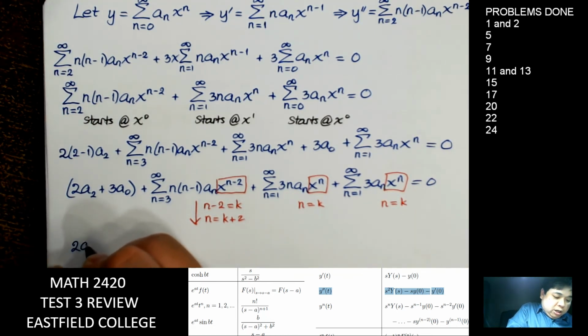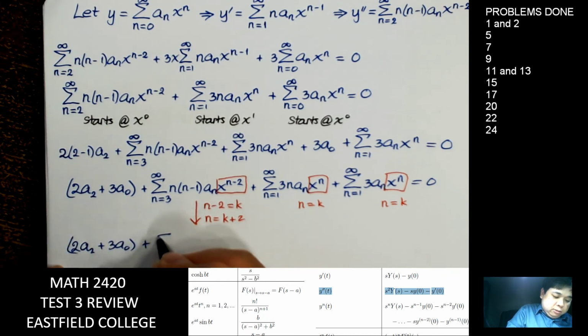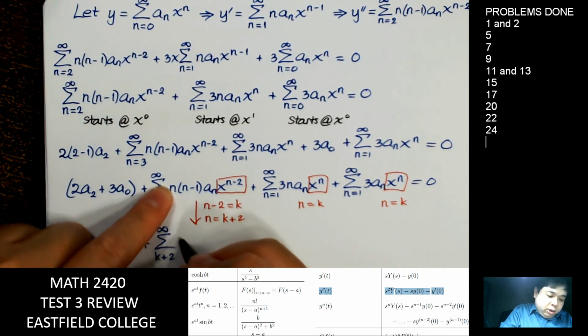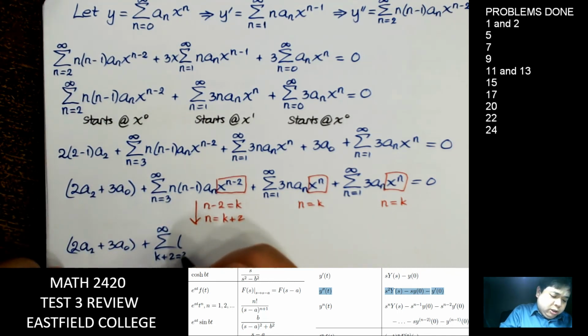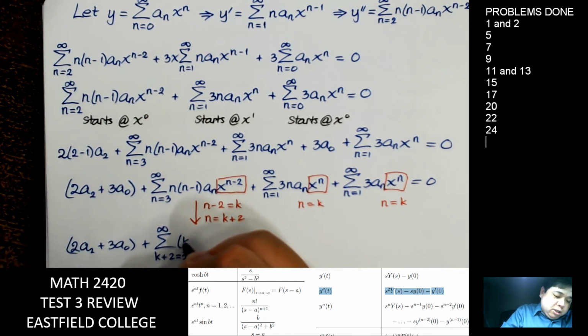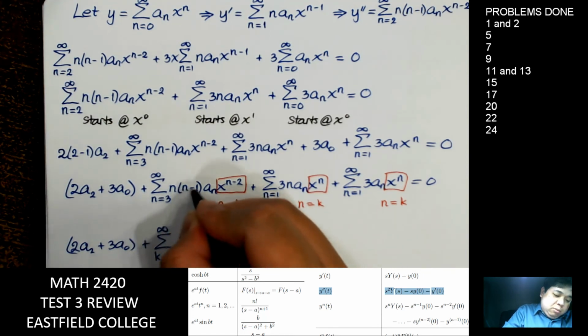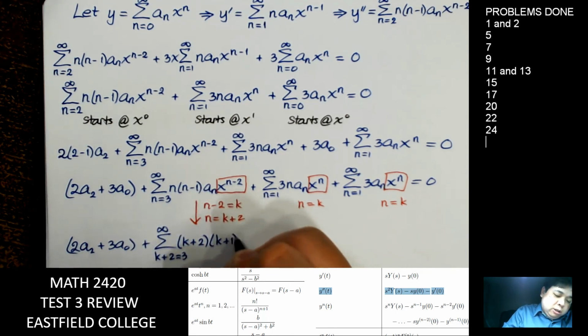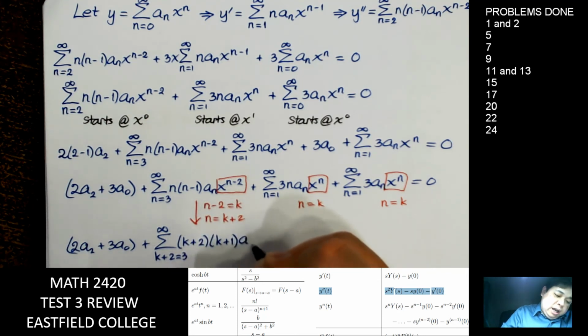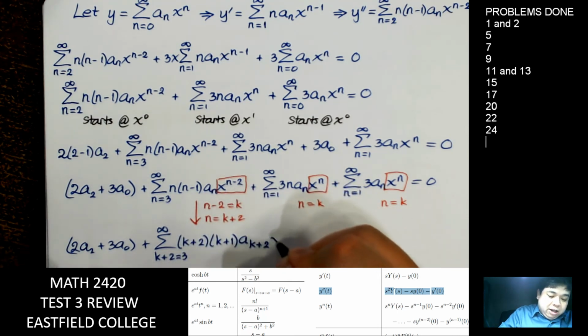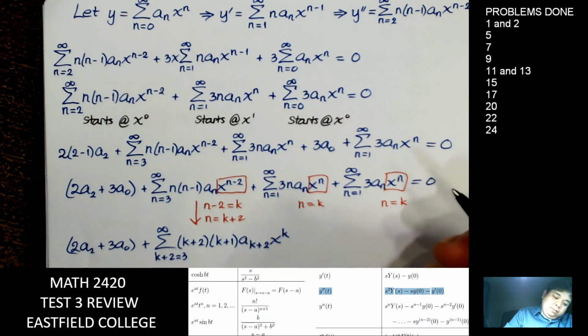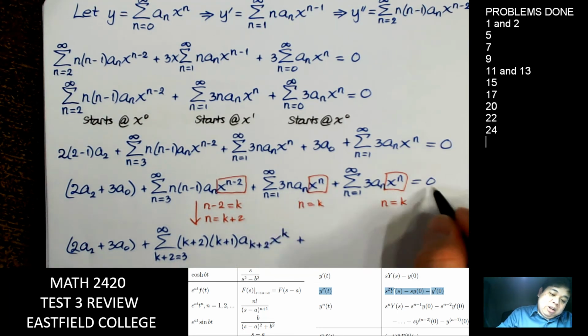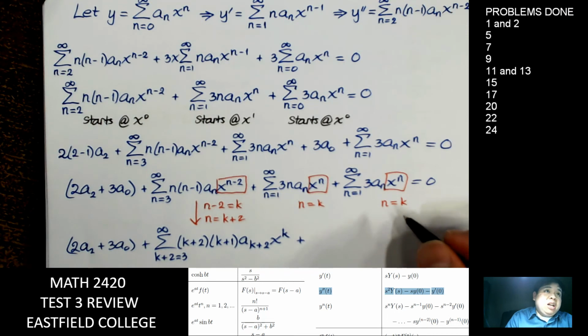So 2a2 plus 3a naught, plus the sum over k of, for n equal to k plus 2, k plus 2 minus 1 is k plus 1, n is k plus 2, and x should have the x to the k power. Now these two are easy. We just replace n with k.